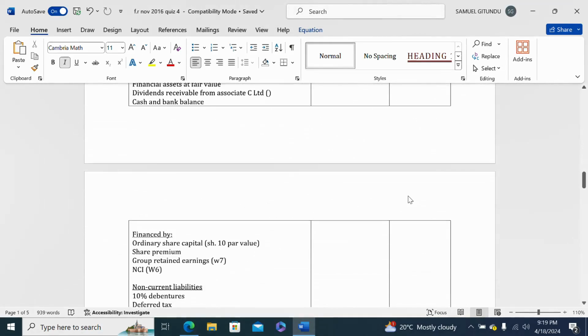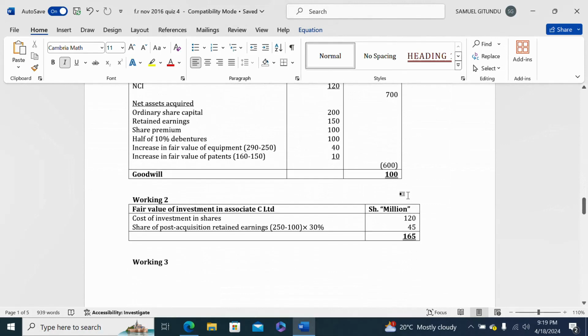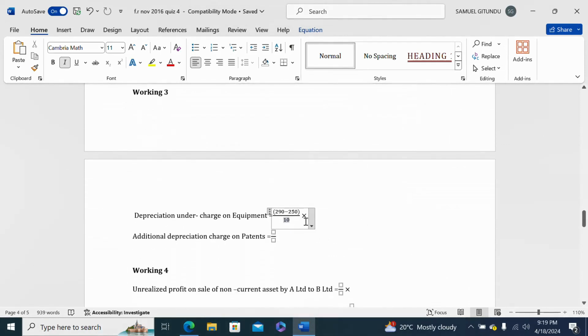So the depreciation undercharge here is for 2 years. So we multiply by 2 years. And if we do this, we are getting a depreciation undercharge of 3 million.